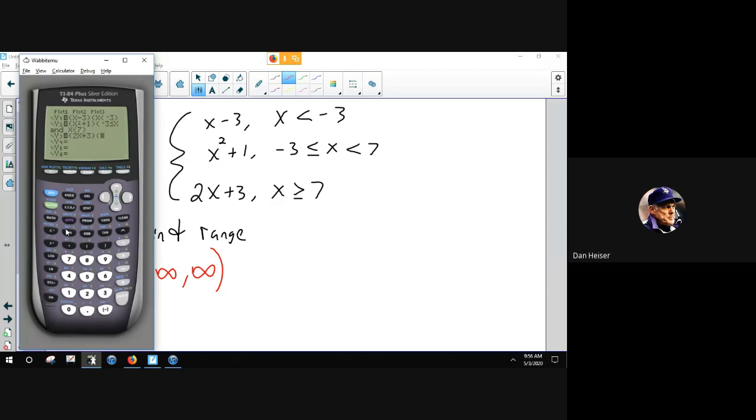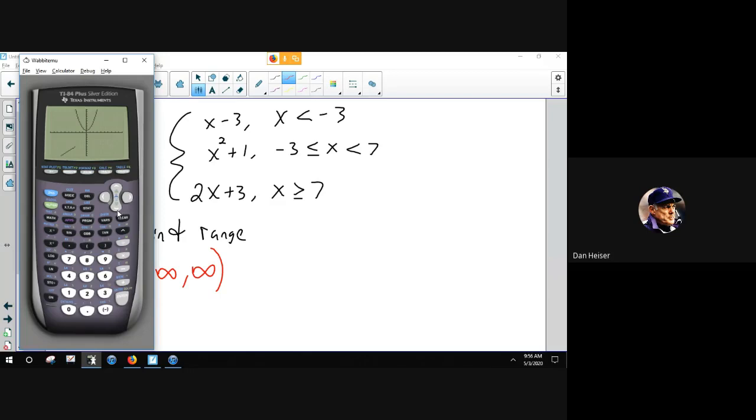And then I have to go x into my test menu, greater than or equal to 7. Close that parenthesis. So now I should have all 3 pieces.